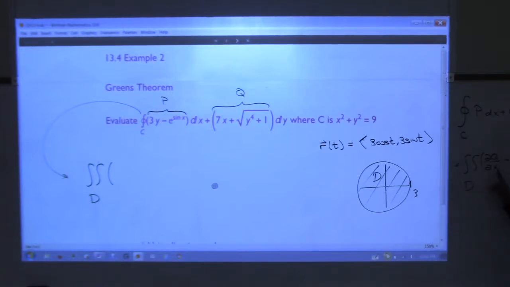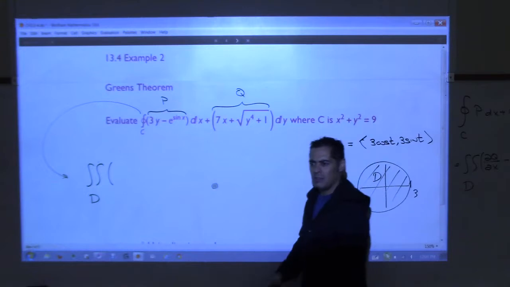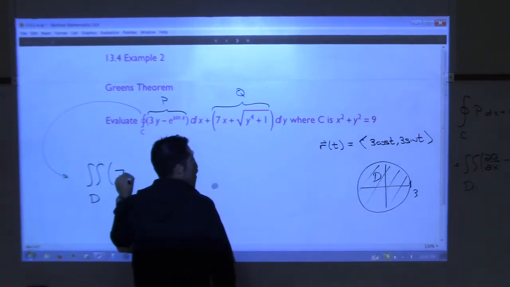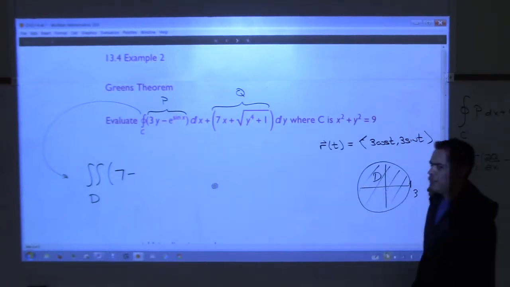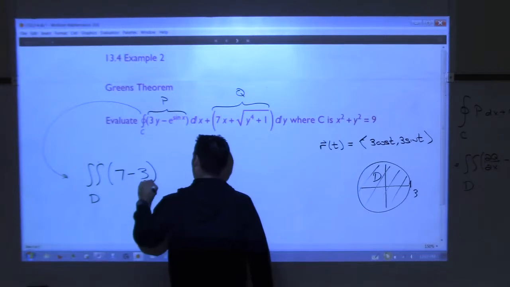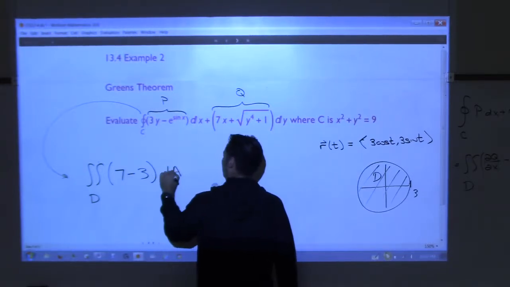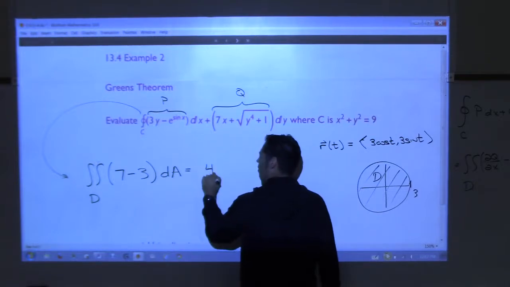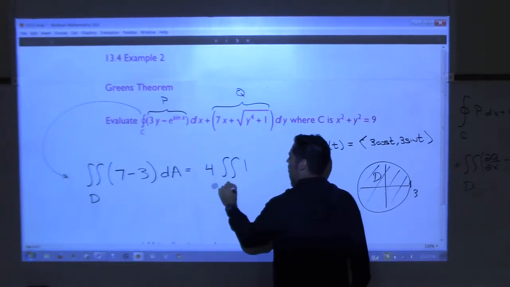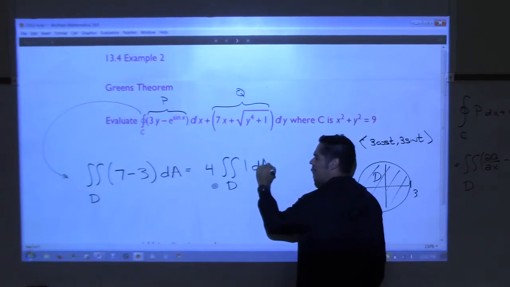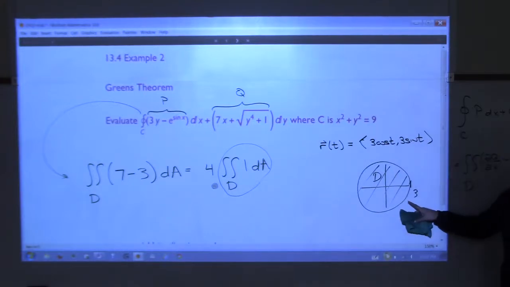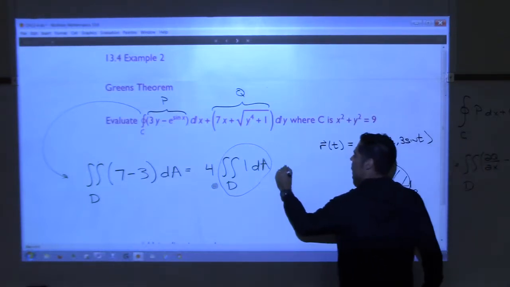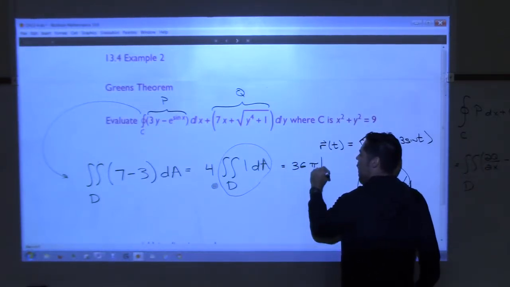What is the partial of Q with respect to x? 7, minus the partial of P with respect to y, 3, dA, which is 4 times the double integral over D of 1 dA, which is the area of our region, which is pi r squared, which would be 9 pi, which is 36 pi. Done.